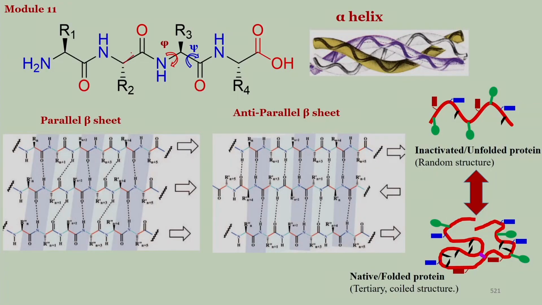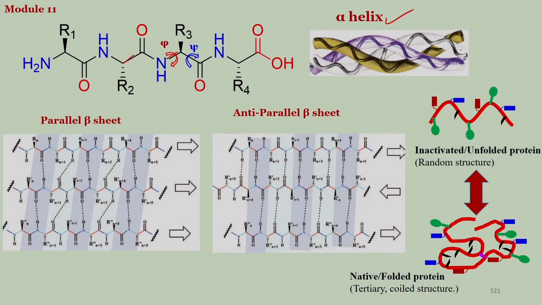Then it does not stay in that sequence forever because of single bond rotation. Here is also a single bond. Because of the presence of single bonds, the bonds can rotate and it can assume certain orientations. First, of course, we call them the secondary structure, and that is because of local interactions.